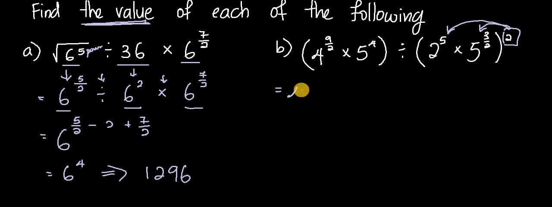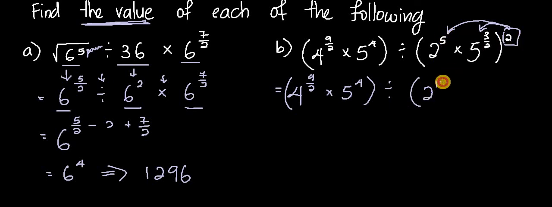So here I would get 4 power 9 over 2 times 5 power 4, in a bracket, and then divide. This 2 once times in, 5 times 2, I will get 2 power 10, times 5 power 3 over 2 times 2, I will get 5 power 3. You can do 3 over 2 times 2 in your calculator, you will get 3. So now it's much simpler.